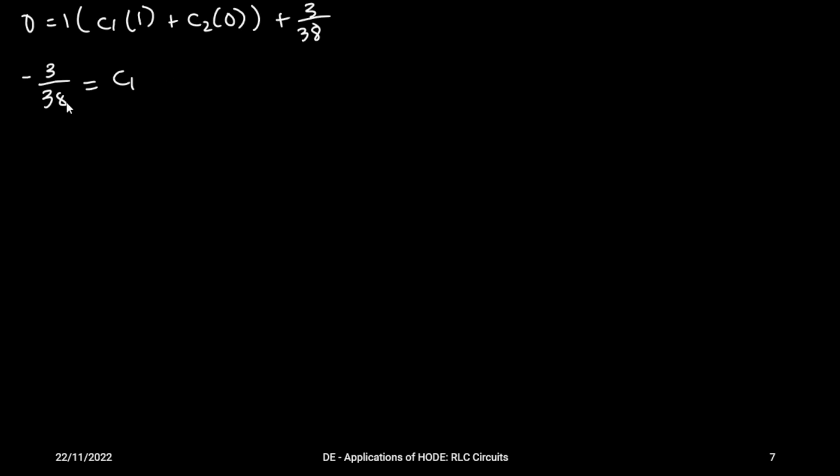Therefore, C1 is equivalent to negative 3 over 38. Substituting back, Q is equal to e raised to negative 5t multiplied to negative 3 over 38. This is now our C1. Okay, so we have cosine 25 square root of 3t.